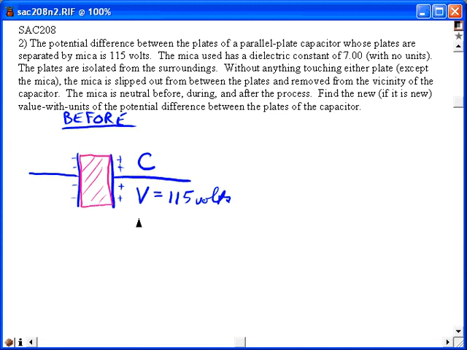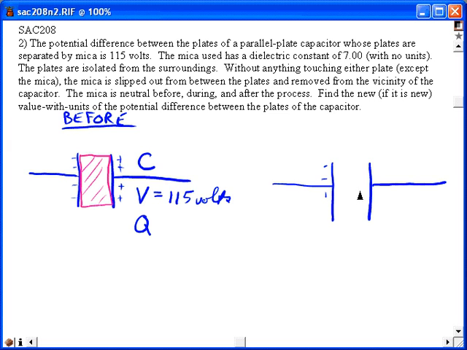We'll call the capacitance of the capacitor with that mica dielectric in there capital C, and the charge we'll call Q. Keep in mind, when we slip that out, the charge can't change. There's no way for the charge to get from one side to the other. It says it's isolated from the surroundings, so the charge in our after picture is going to be the same. So the only difference in the after picture is that instead of mica for the dielectric, we've got air.